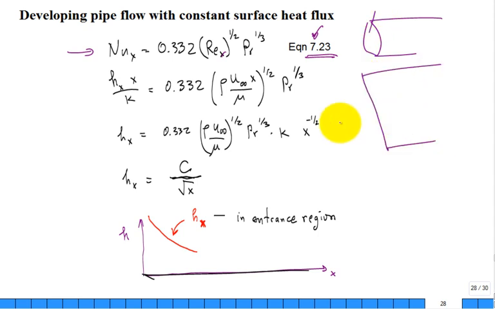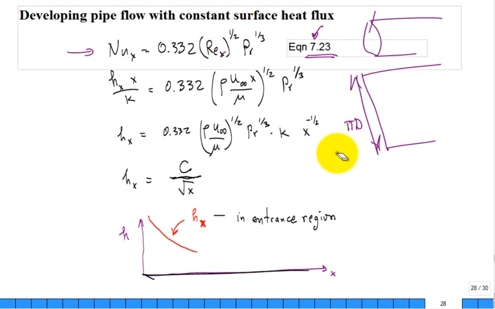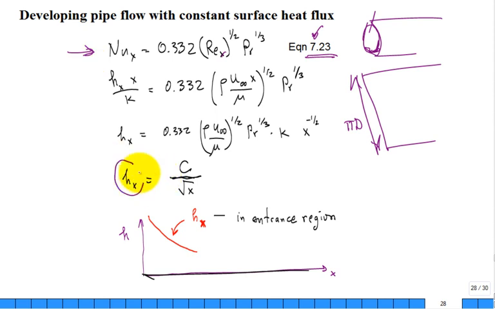It's as if it's a plate of pi d width. The boundary layers are growing, and they don't sense each other's presence until the boundary layer starts to fill the core of the pipe. Anyway, this is a simple approximation from the previous chapter. And then you can find how the local convection coefficient grows as 1 over the square root of x in the entrance region.